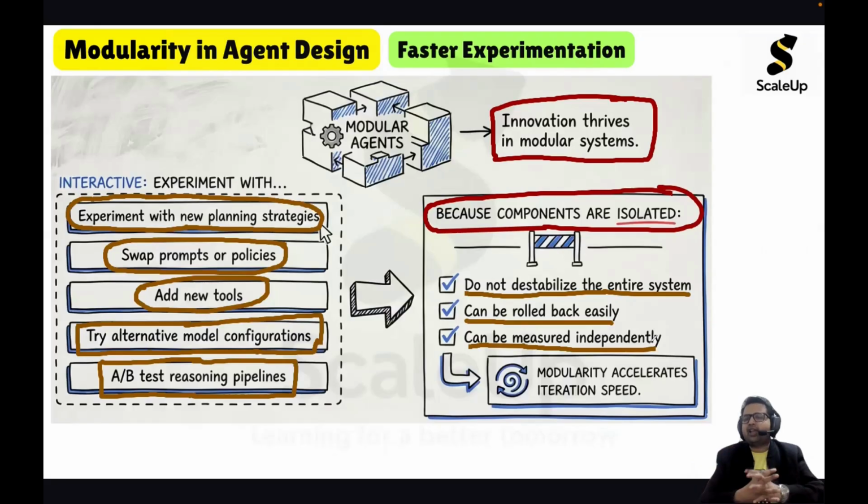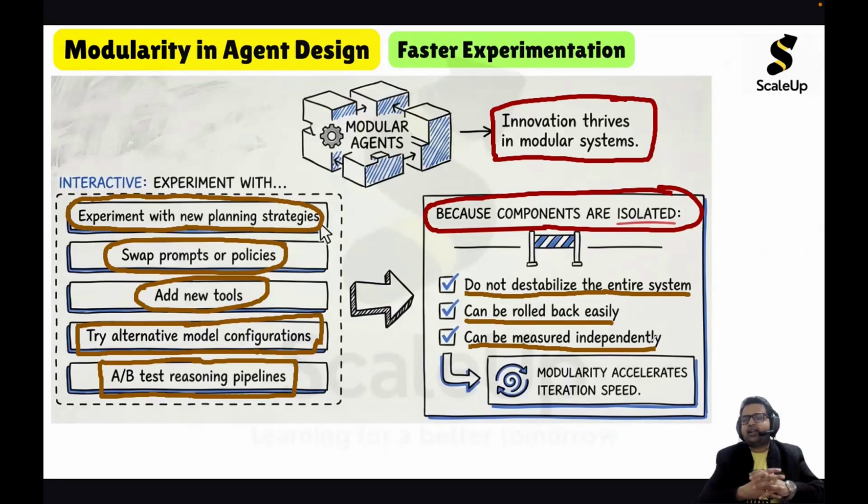And if the performance degraded, then we know we only made changes in the planning module, so we can roll back. And if it improved the performance of the agent system, then we can keep it.